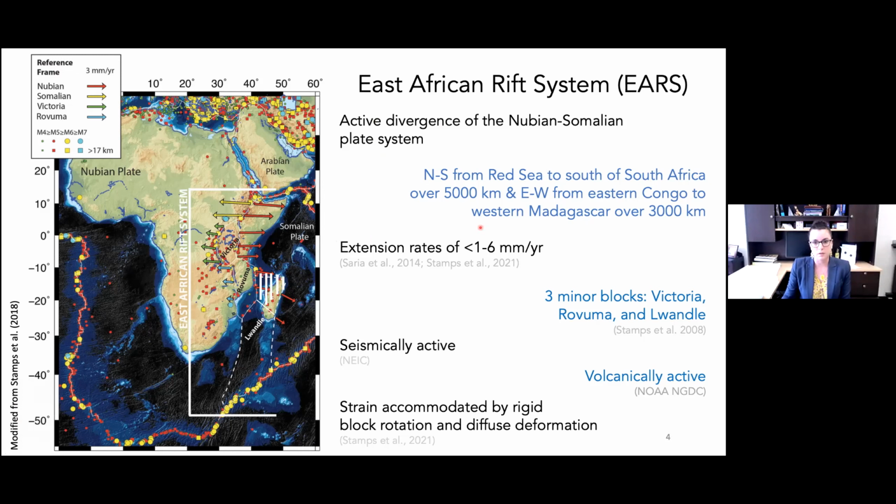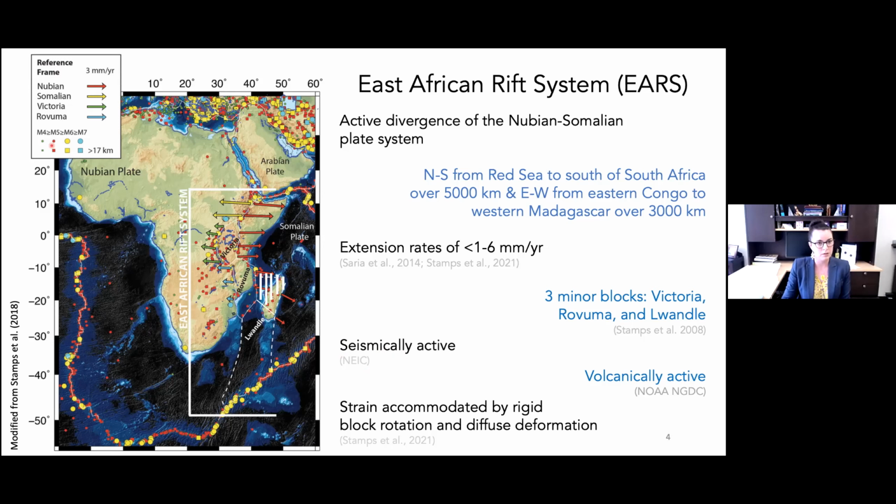The current rates are about 1 to 6 millimeters per year from some work by Saria and myself. And then there are at least 3 minor blocks, the Victoria block, the Rovuma block, and the Lawandle block as well, also known as microplates in my world. It is seismically active, as shown by the squares and circles in different colors in this map.